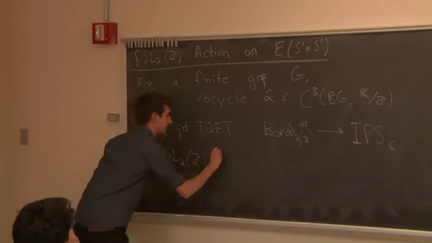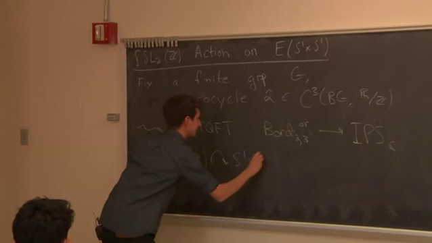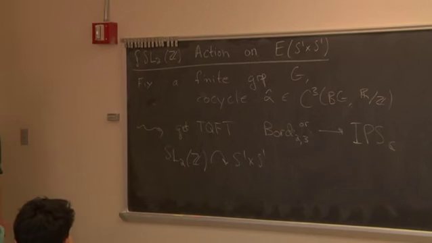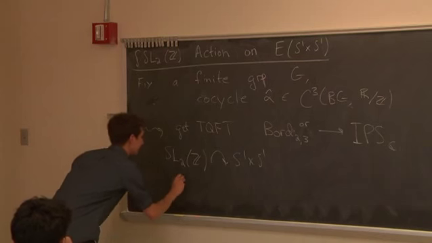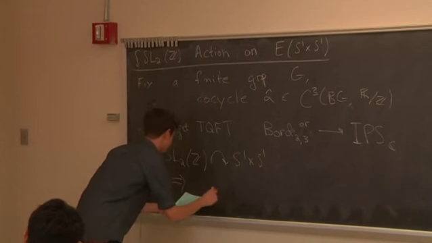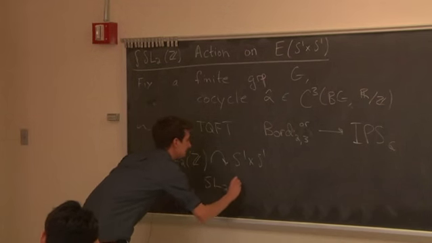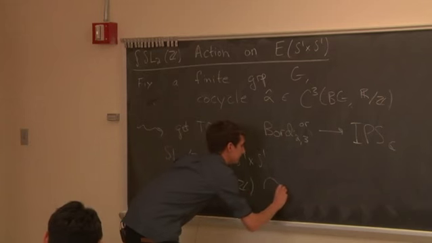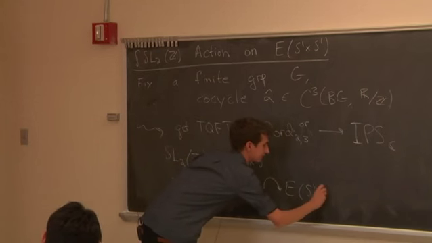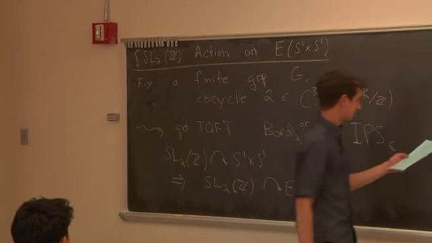So I'm sure most of you have seen already the usual action of SL2Z on the torus. And so by functoriality, since this is orientation-preserving diffeomorphisms, this gives us an action on the vector space associated to the torus.